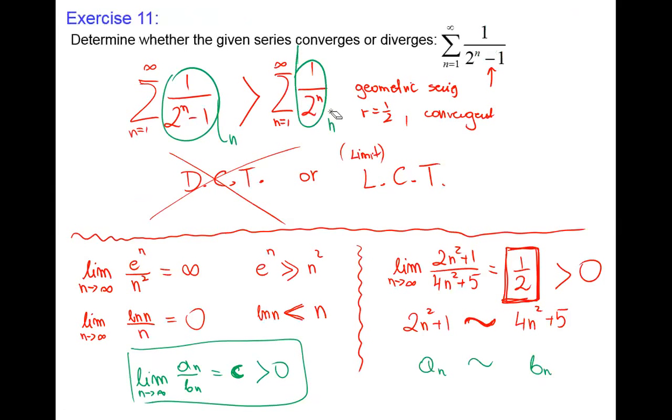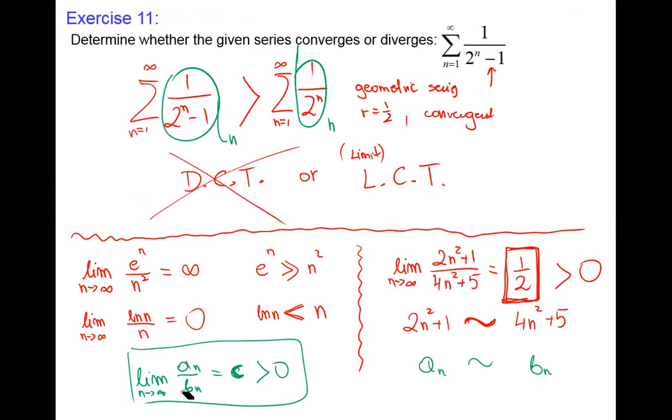However, if b sub n is divergent, and I still compute that limit and get a finite number, I can conclude the same. They behave the same. b sub n is divergent, this is also divergent. That means this is the limit comparison test, where we can conclude convergence or divergence just based on this.